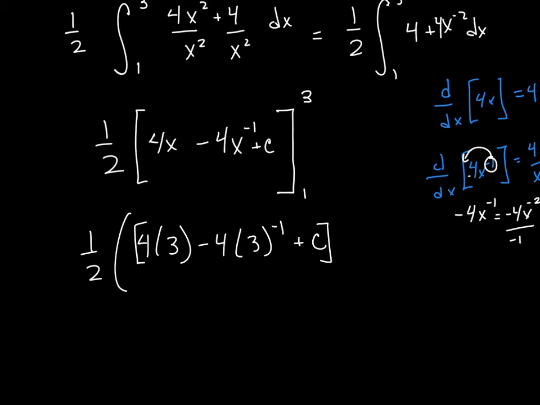On the other side, when I do the same thing plugging in 1, it would be 4 times 1 minus 4 times 1 to the negative 1 plus c. After I distribute that negative and subtract those two, those c's would always cancel out, no matter what they are. So whenever you have definite integrals, you don't need the constant of integration.